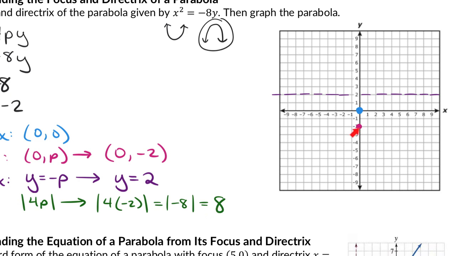So I'm going to go to the focus and make sure there's a line that's 8 units long centered at the focus, which means I need to go 4 to the right and 4 to the left for a grand total of 8. And that goes through the focus, not the vertex. Once I have those 2 points, boom, you can plot your parabola.